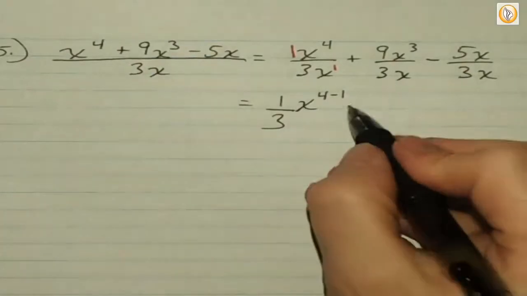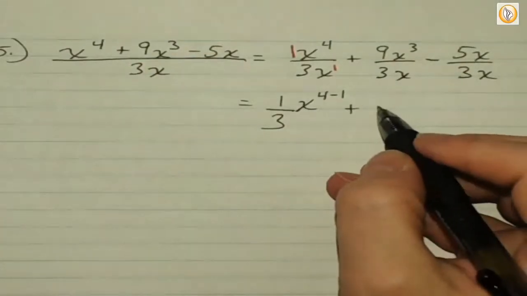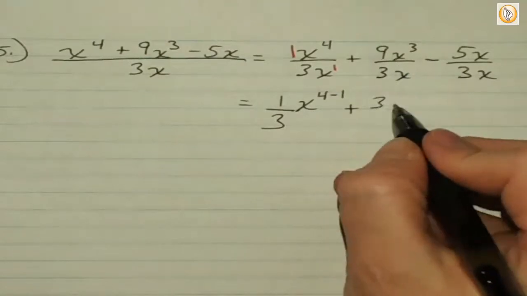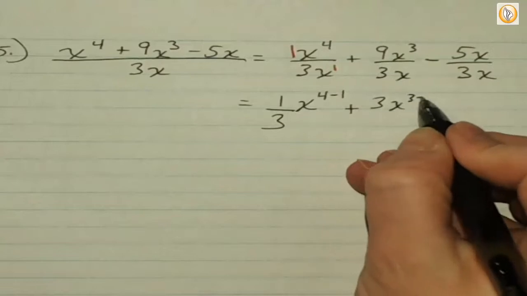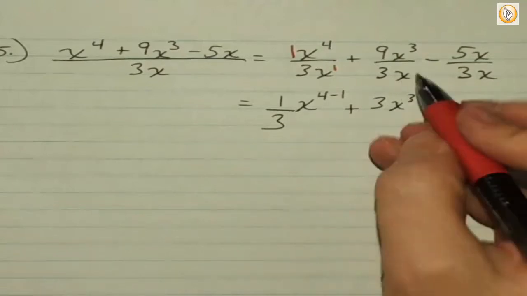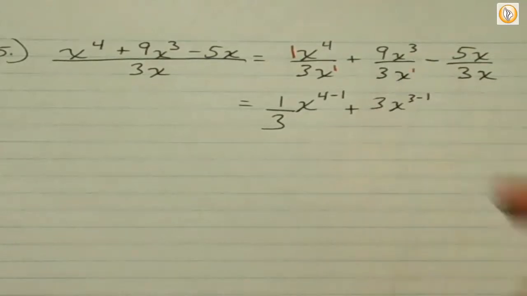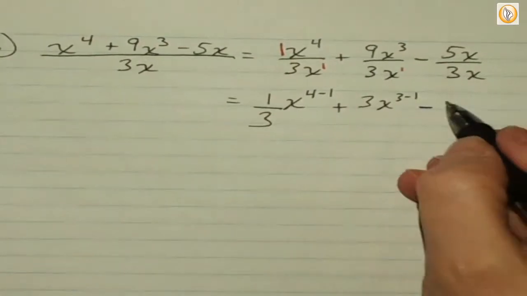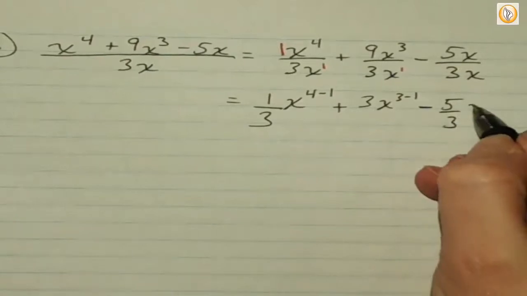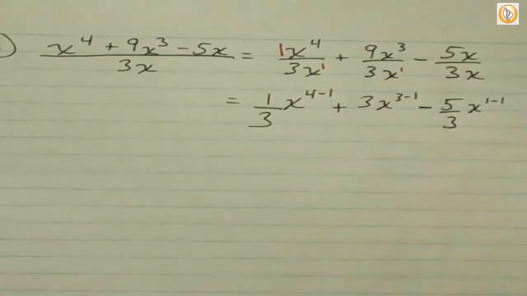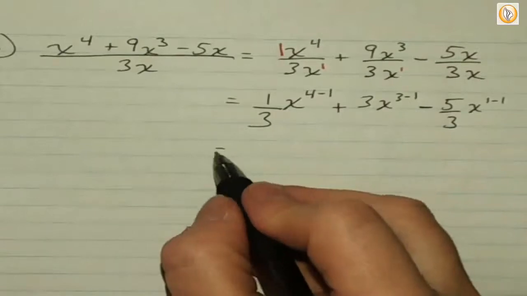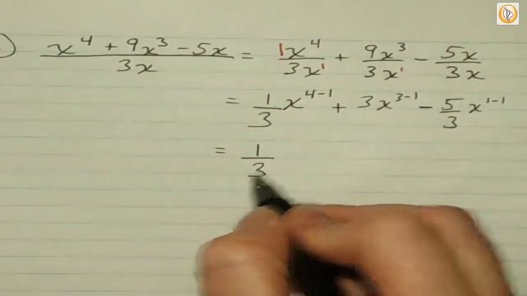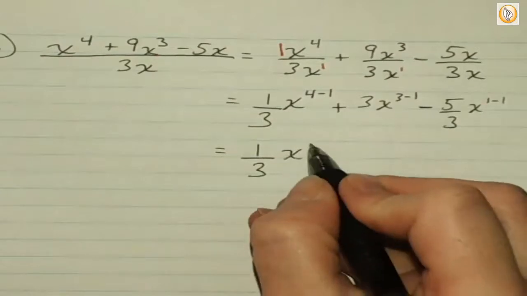Okay, Hayden. Plus 3x to the 3 minus 1, very good. Because 9 divided by 3 is 3. Minus 5 over 3, x to the 1 minus 1. All right. So we don't do anything with this fraction, so it stays 1 over 3 times x to the what?